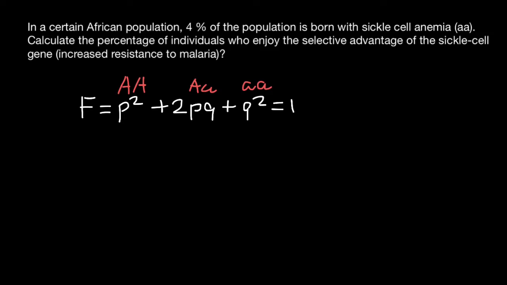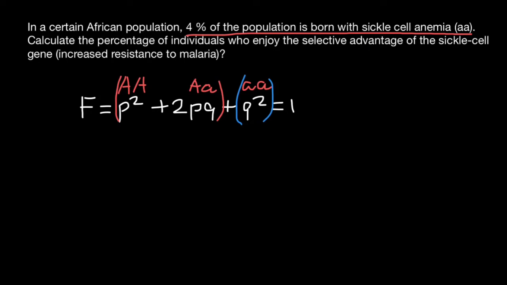According to our problem, we know that 4% of the population is born with sickle cell anemia and belong to the genotype which is small a homozygous recessive. So you have to understand that these two genotypes would make one phenotype, and this one is going to make another phenotype, which in our case means that a person who belongs to this genotype would be affected.